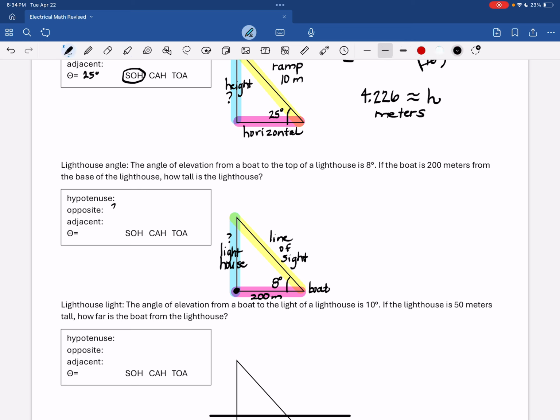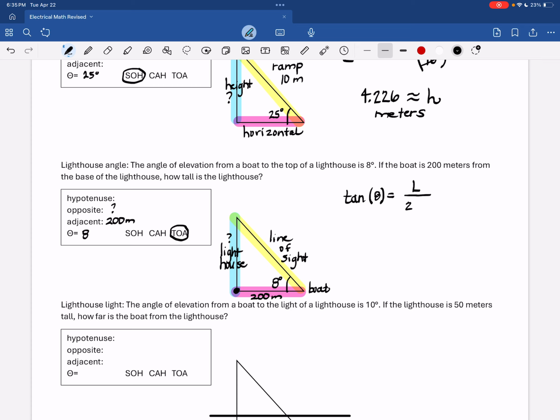So we want to know opposite. We know adjacent. And we know theta. So we need opposite adjacent, that's TOA. So tan 8 is opposite, that's the lighthouse, I'll use an L there.